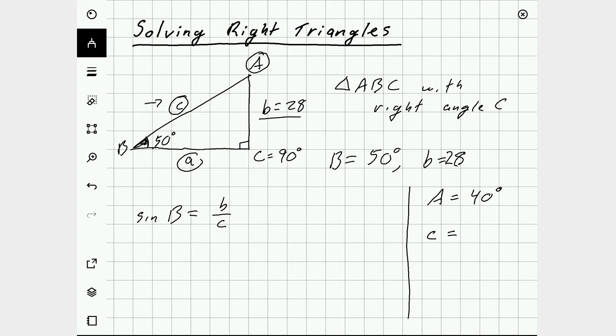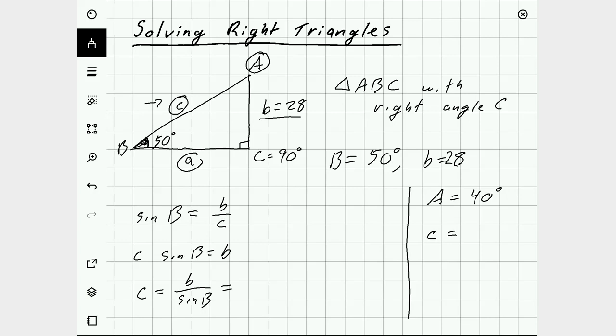Right, so sine of angle B is little b over little c. Multiply both sides of the equation by c, and divide both sides of the equation by sine of b, to get that c is little b divided by sine of b.